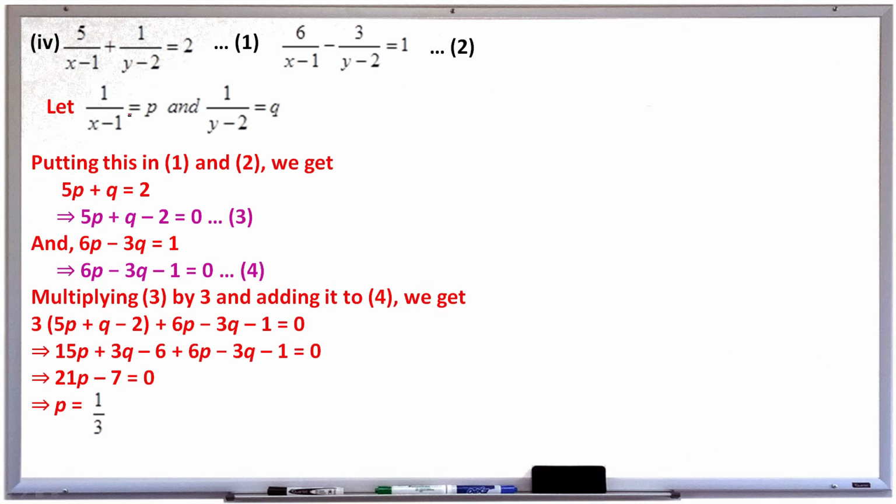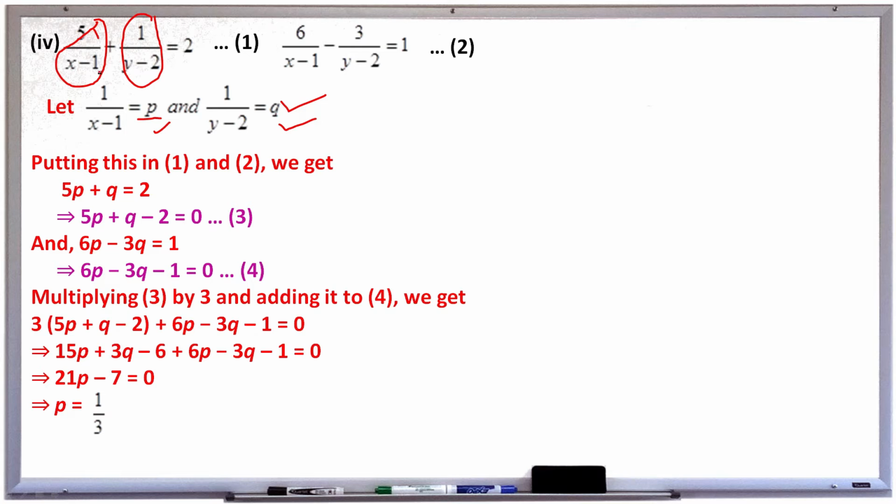Fourth sum. Now what we can take: 1 by (x minus 1) as p and 1 by (y minus 2) take it as q. Now the given equation can be written in terms of p and q.